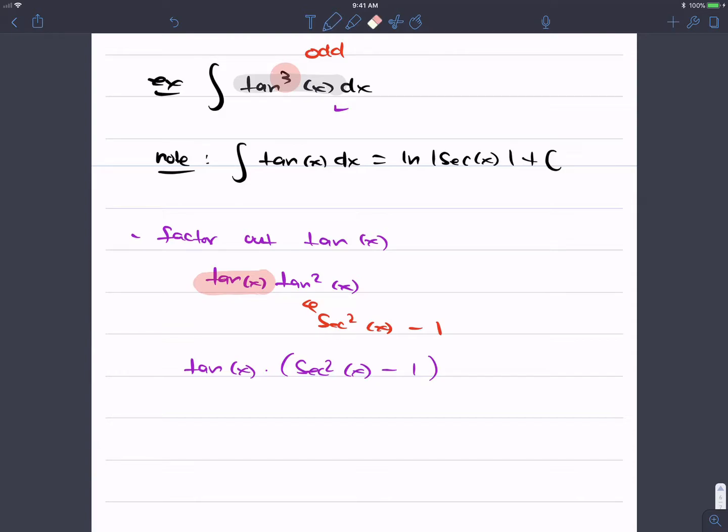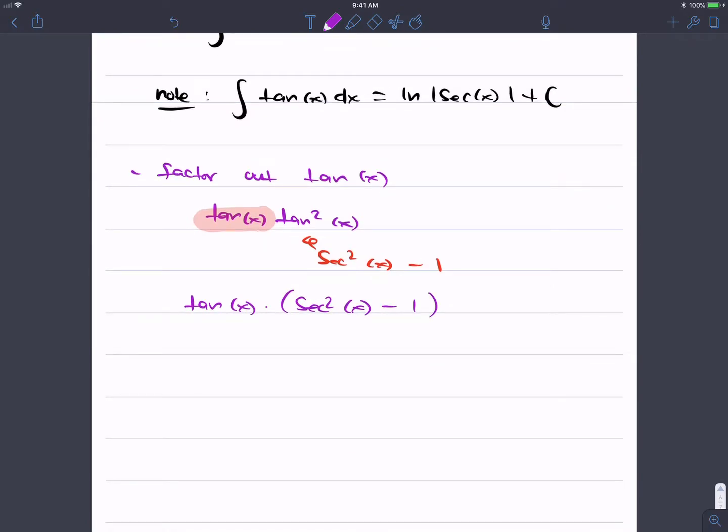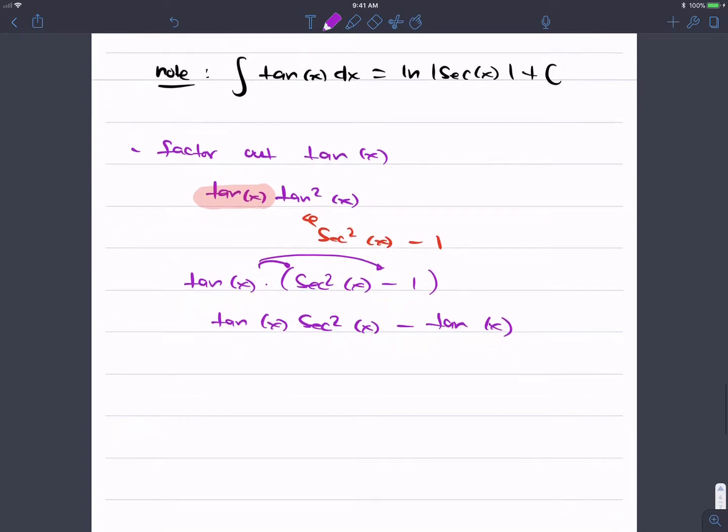So what I'm going to suggest you to do is the following here. Okay, this is how we handle this problem. I'm going to distribute now, which is what I didn't do in the past. I'm going to distribute my tangent, and I get tangent secant squared minus tangent. So this integral now is an integral of tangent secant squared minus tangent x dx.